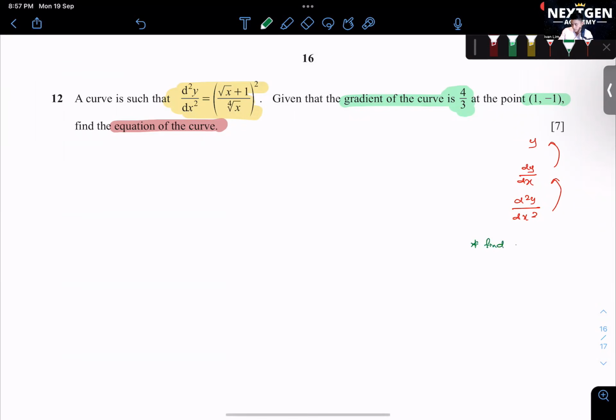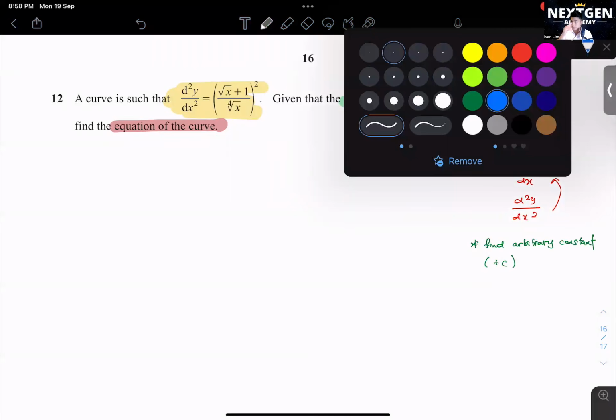You must find the arbitrary constant, which is your plus c value. As long as you follow these rules, you should be okay. For the integration, you just need to follow whatever rules of integration you have already learned. So let's do this.